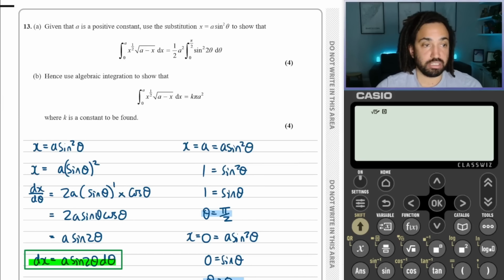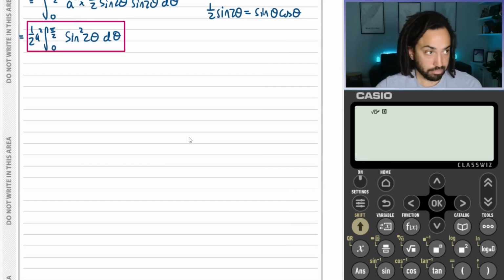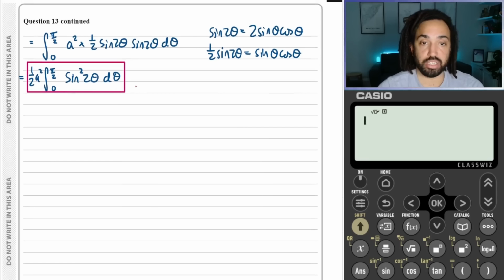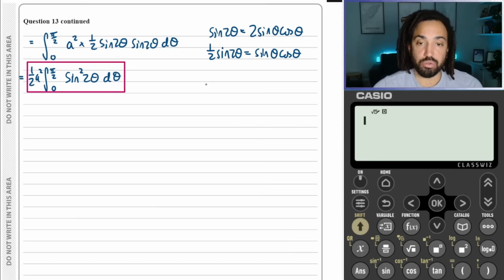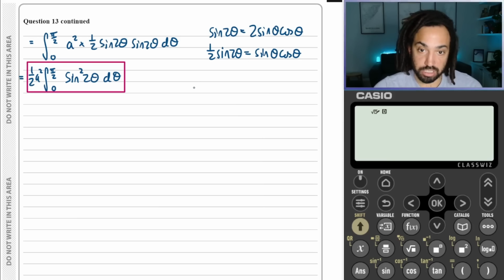Okay, part B just says use algebraic integration to show that the integral which we have rearranged is equal to k pi A squared. So we're just going to integrate this basically. So how do you integrate a sine squared? Well, for a sine squared, you have to use the double angle formula for cos 2 theta.